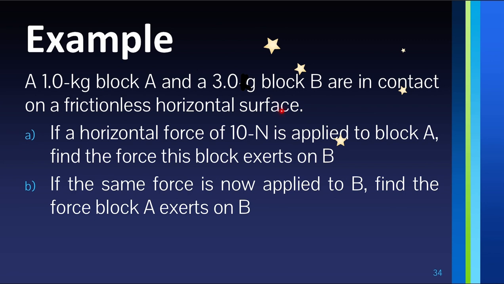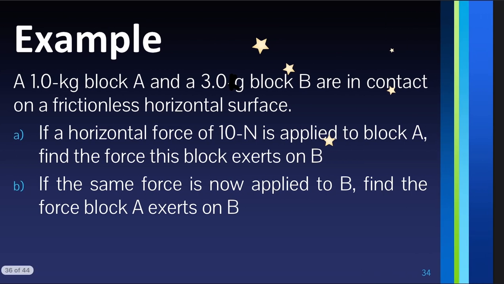There are two questions that we need to answer. First, if a horizontal force of 10 newtons is applied to block A, find the force this block exerts on B. And if the same force is now applied to B, find the force block A exerts on B. Or rather, B exerts on A.